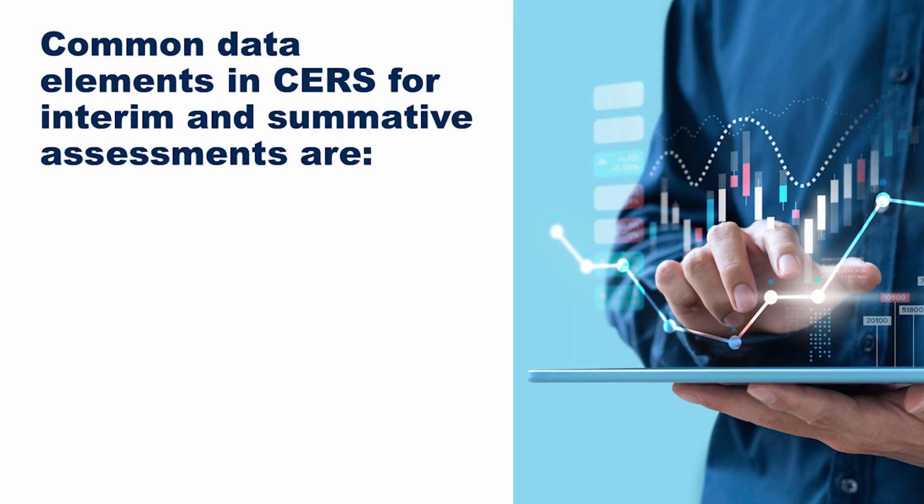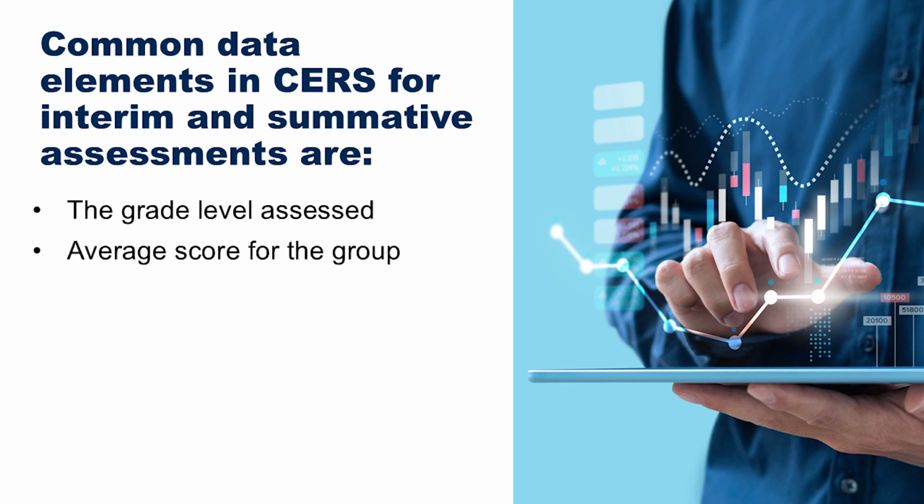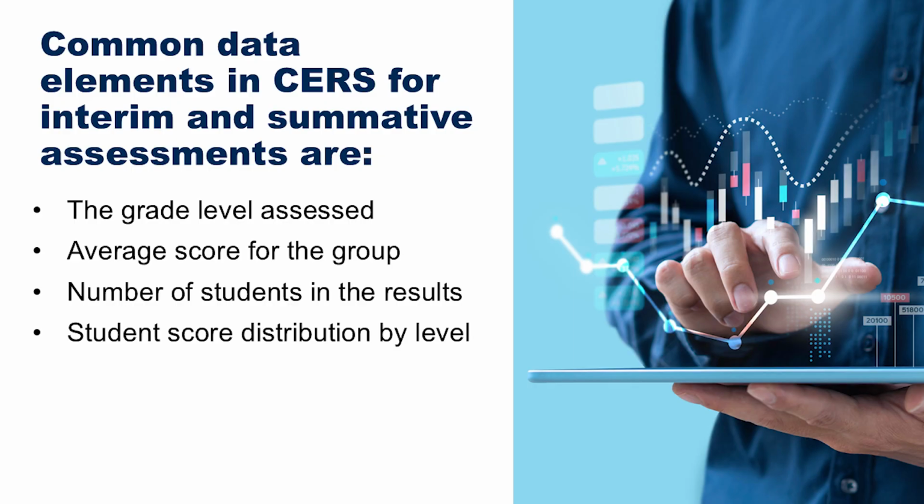Here are the common data elements for both interim and summative assessments in CERS: the grade level assessed, average score for the group, number of students in the results, student score distribution by level, and individual student reports, also referred to as ISRs.